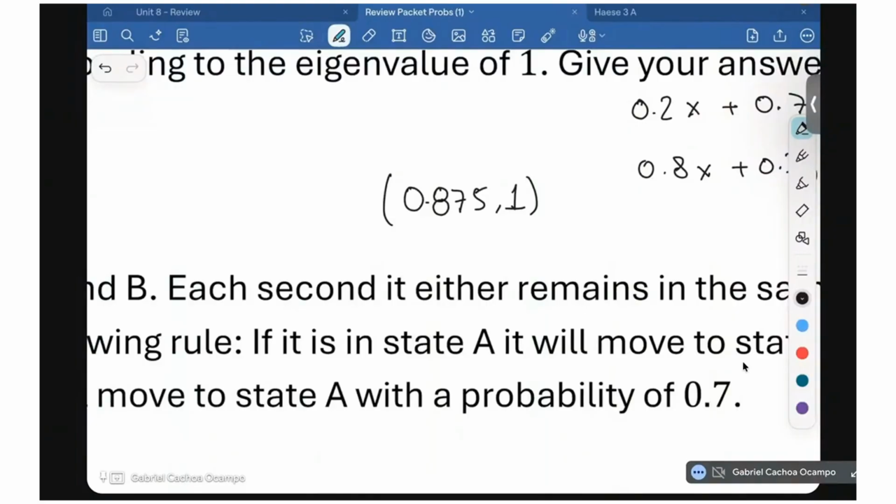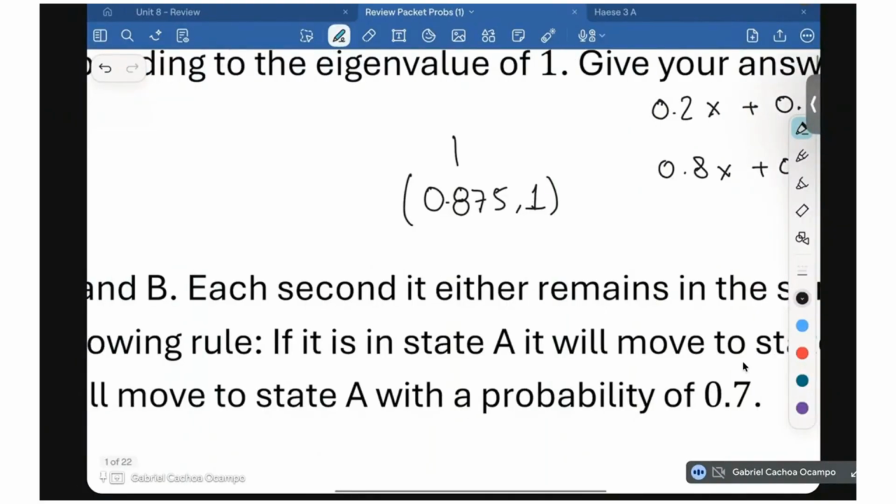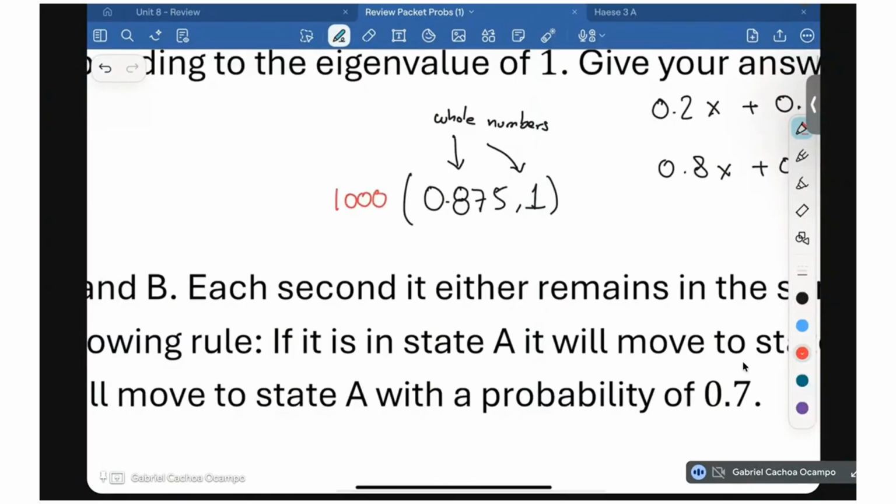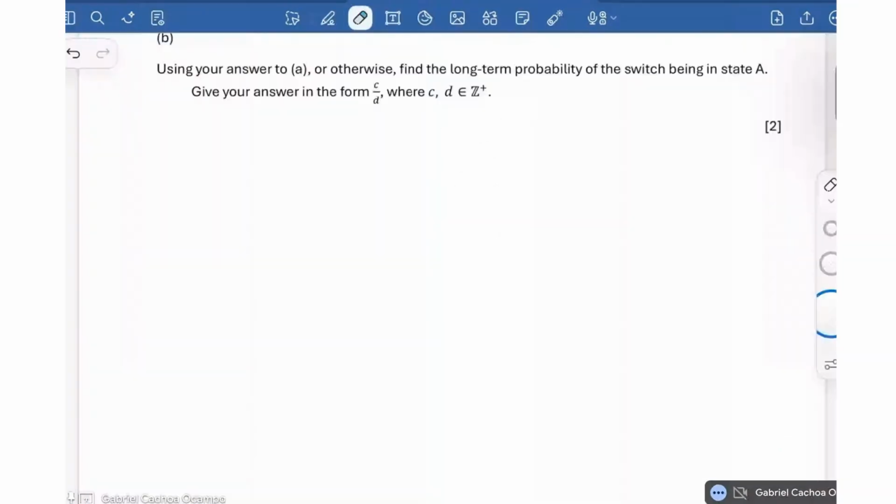So what if I multiply it by 1,000? It would be (875, 1000), and that would be a way of solving it.